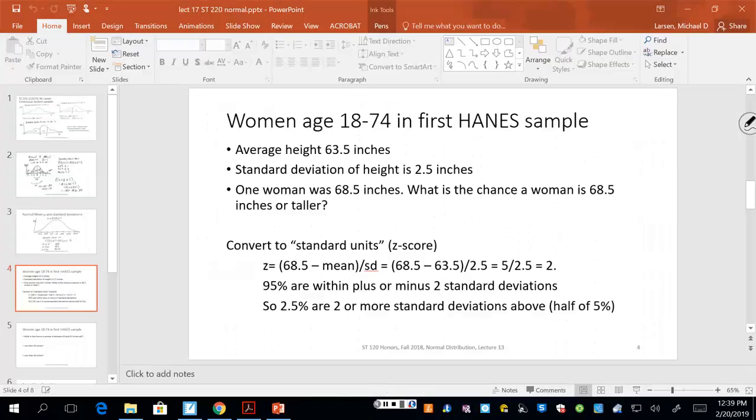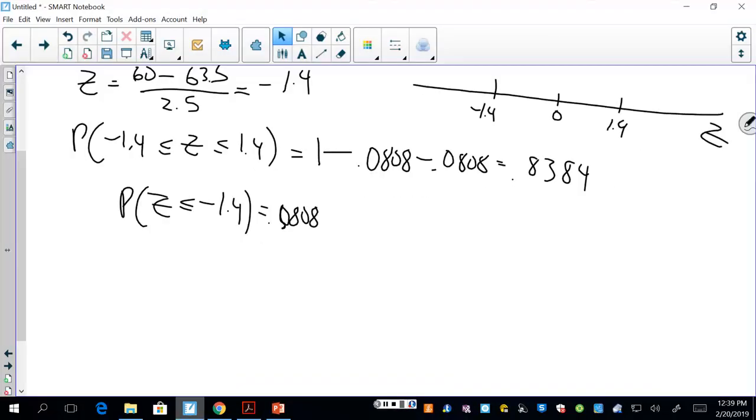So looking at that other piece of information from the table, the chance that a standard normal is less than 1.4 is 0.9192.